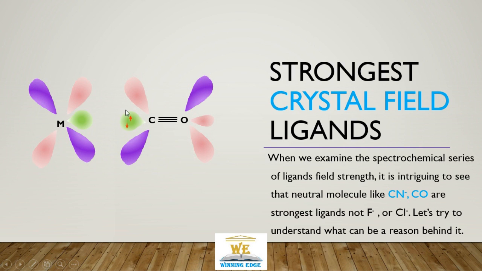carbonyl makes a sigma bond with the metal atom. First, it donates the electrons to the metal. Then, we know it has p orbitals.